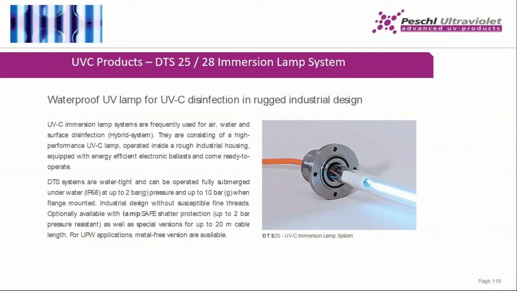Okay, next product. It is the DTS 25/28 immersion lamp system. This unit can be used really easily for different things. It is a system for surface, water and air disinfection. It's a special unit because it's a closed lamp with a high IP protection, IP68, and with some pressure.